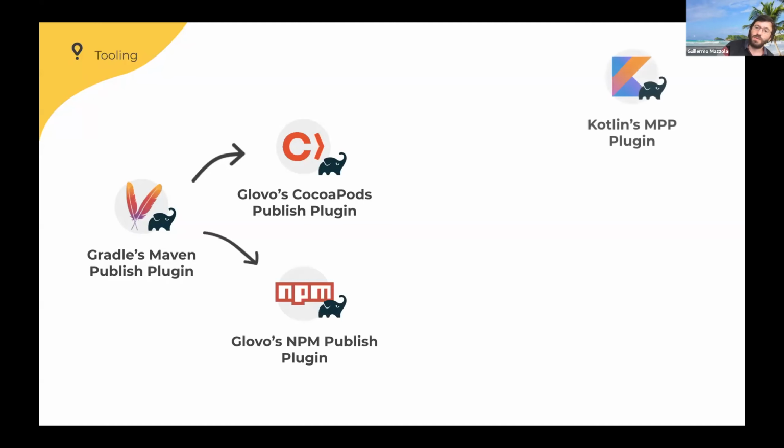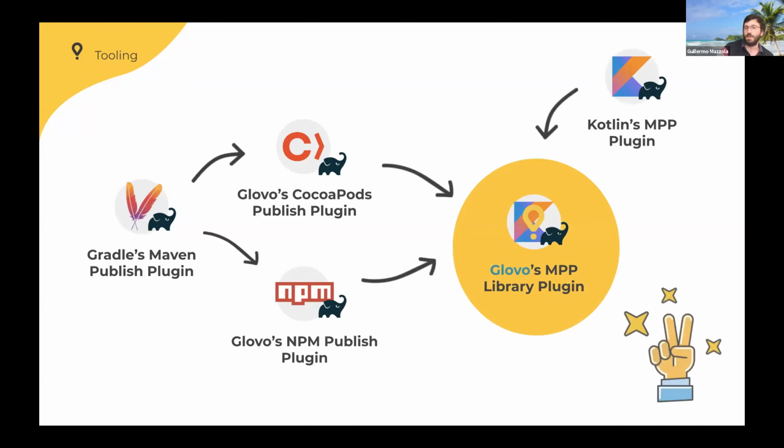Then we took the Kotlin Multiplatform plugin and we extended that functionality to merge all these plugins together into our Glovo Multiplatform library plugin. Basically, the main goal of this is to allow you to publish native libraries instead of publishing Maven libraries from Kotlin Multiplatform.